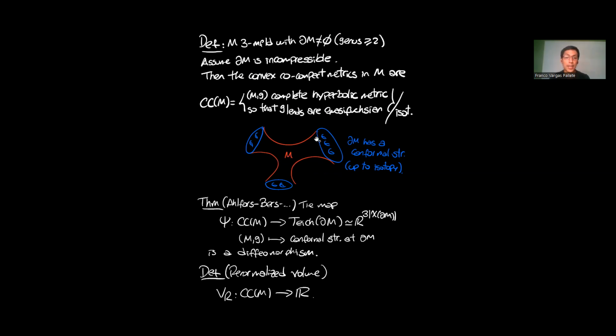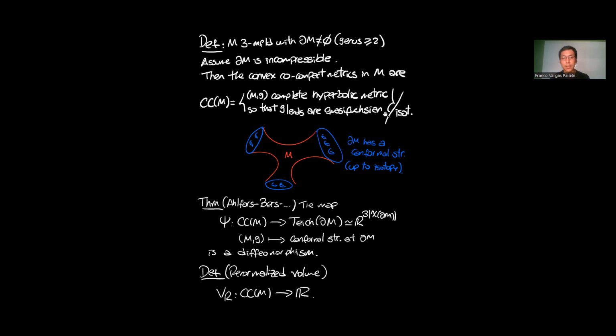Each end near the boundary has a product structure, and if for each end I take the associated covering space corresponding to this surface group, I will obtain a quasi-Fuchsian group. So this end looks quasi-Fuchsian, similar to this one, and similar to this one. So this is the space of metrics I'm going to look at.